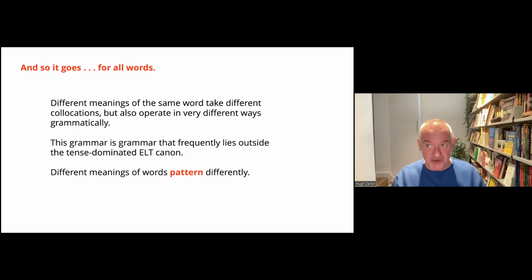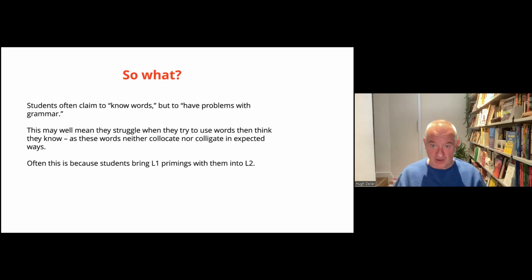It won't teach you the word grammar of cause or anything like that. This is micro grammar that's outside the tense-dominated way we think about grammar. So once you understand that words have these particular patterns, that starts to have implications for the classroom, okay?